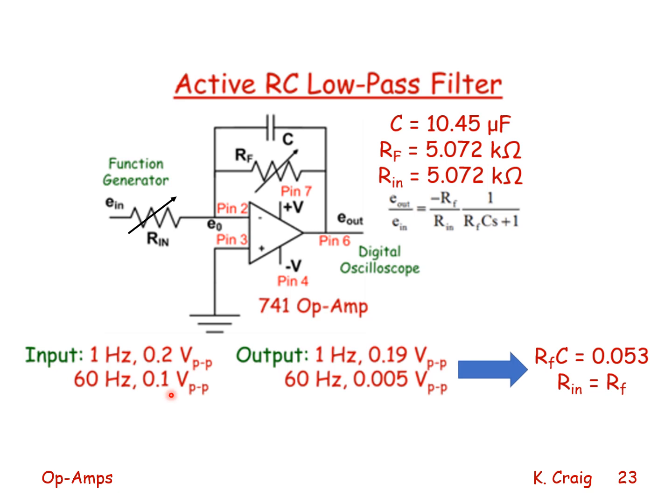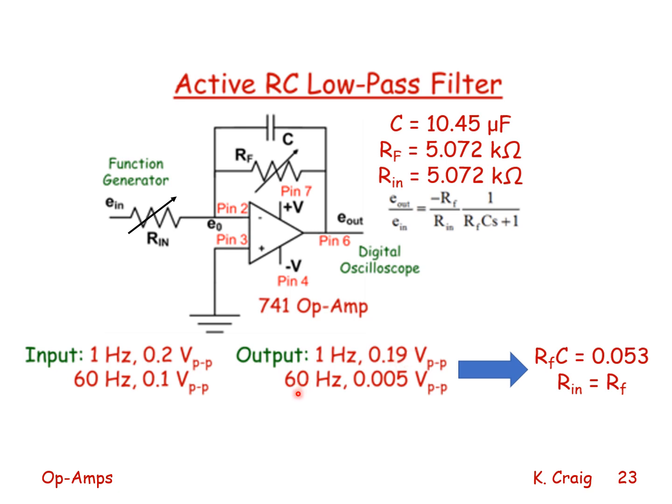I need to filter out the 60 hertz signal while still recording the 1 hertz signal without much attenuation, 5% attenuation at most. So I want the output to be 1 hertz with a peak-to-peak voltage of no less than 0.19 volts.